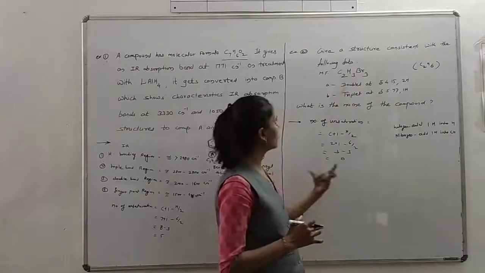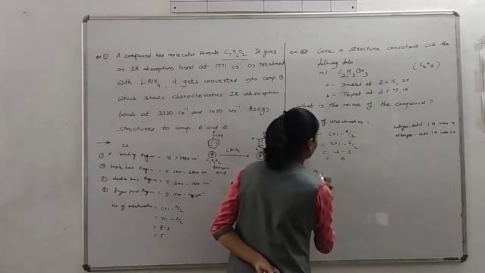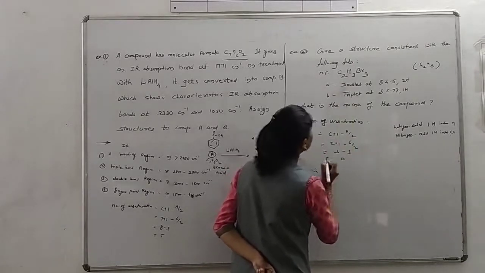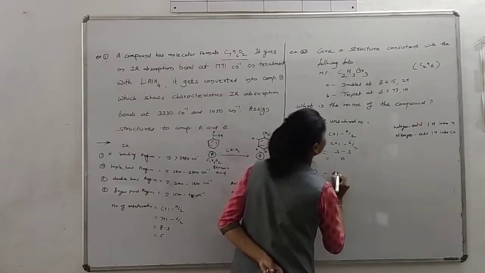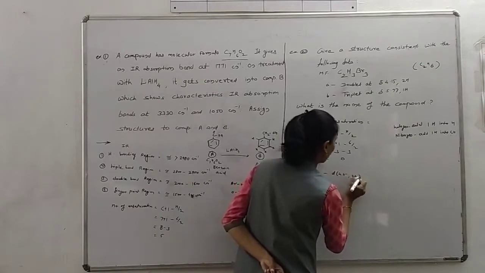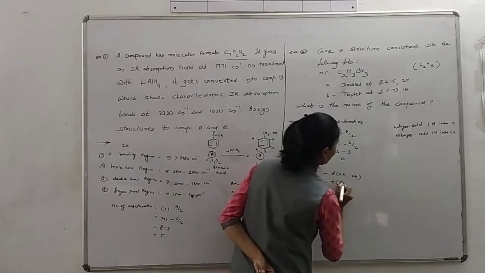It's a saturated compound. So I write here again these values: two sets, a doublet at 4.15 for 2 protons and a triplet at 5.77 for 1 proton.